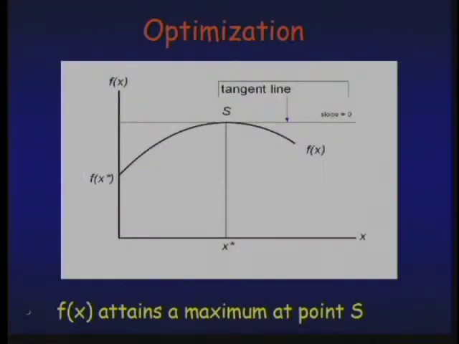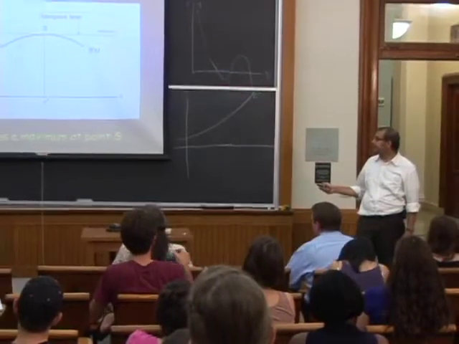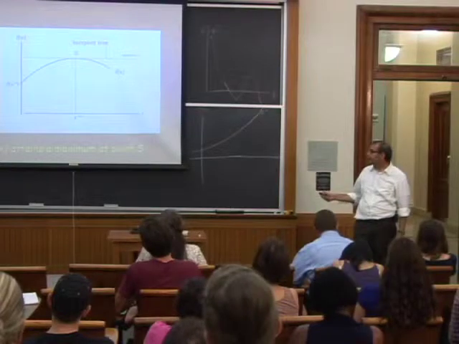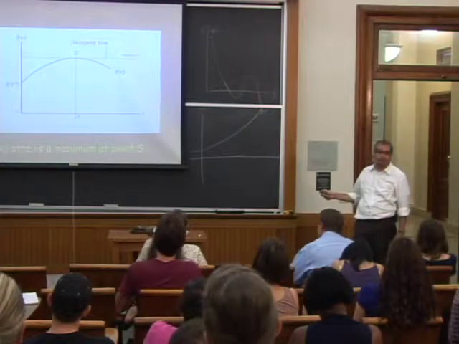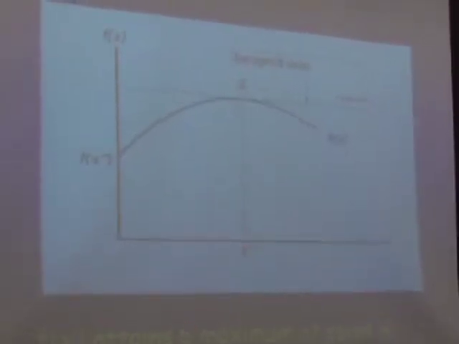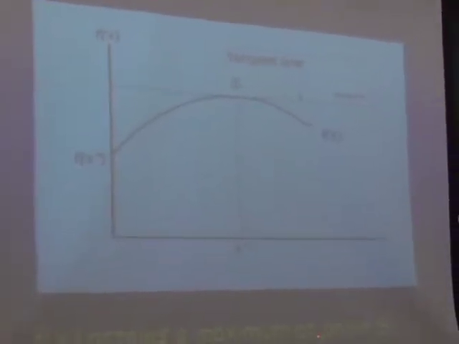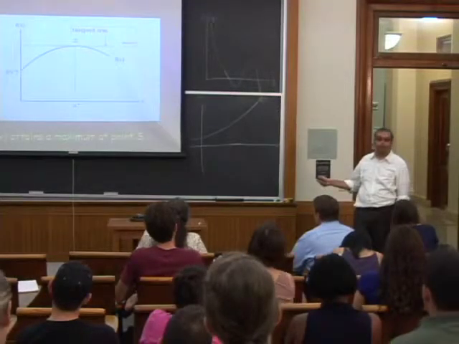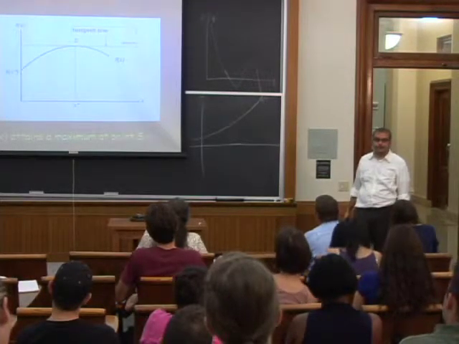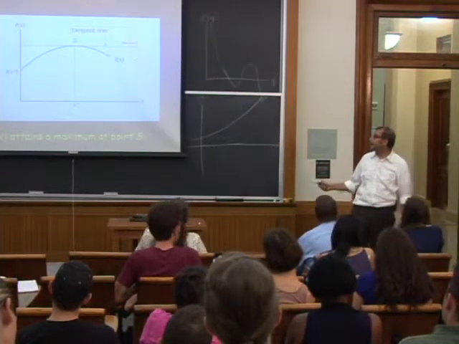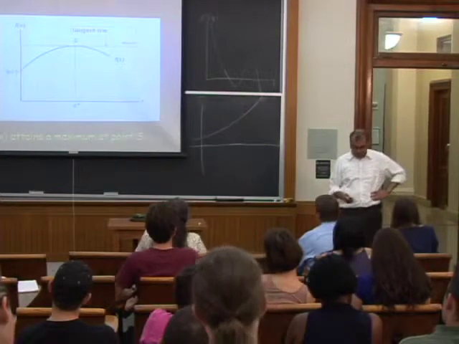If this were a plateau, the tangent line would have a slope of 0 at many points. It can certainly be the case that f of x attains a maximum at many points s, but they'll nevertheless be local maxima. So it doesn't have to be a single point.